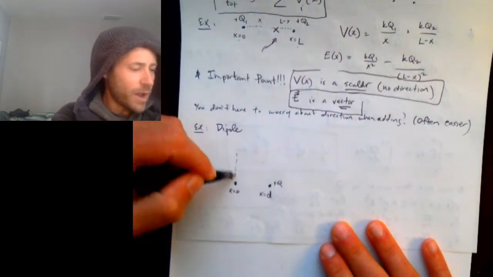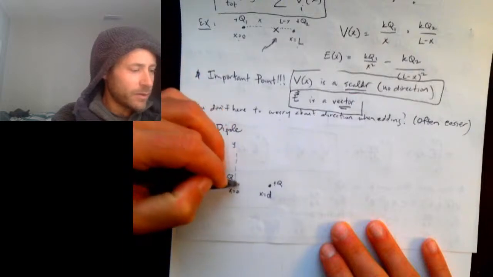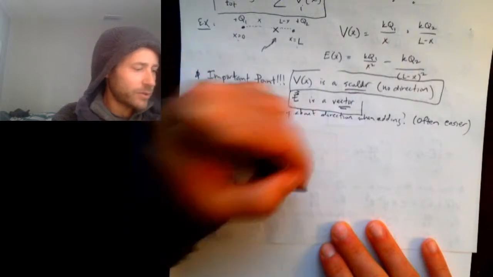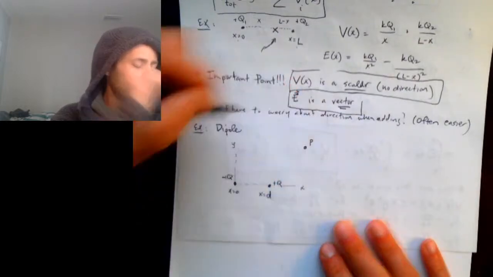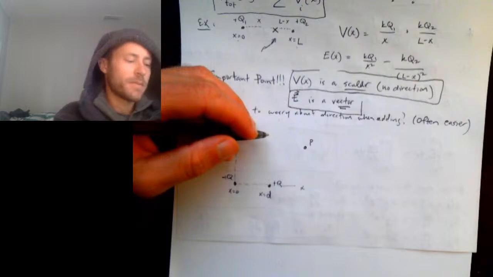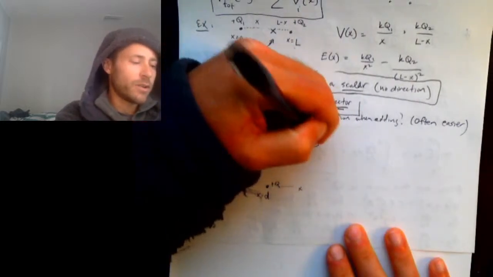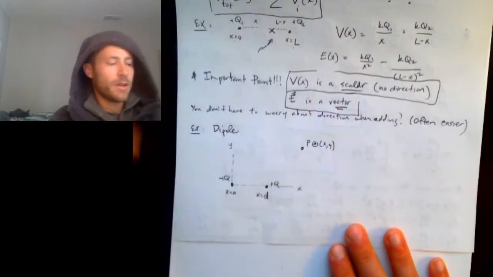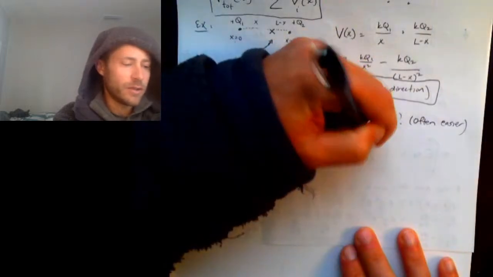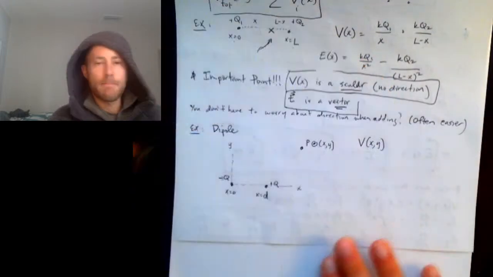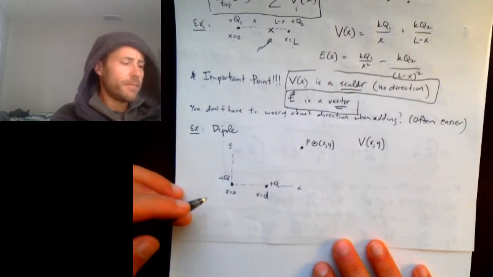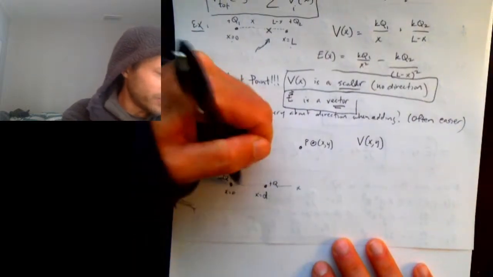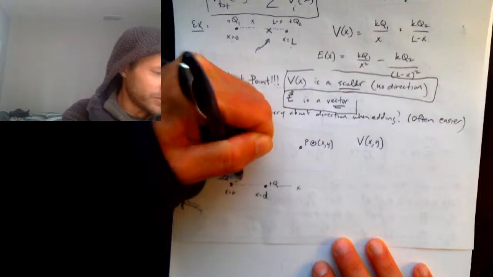Here's the y-axis, and here's the x-axis. And what if we have a point P right here, at coordinates x comma y, and we want to know what is the potential at x comma y. So we have to figure out what these distances are.